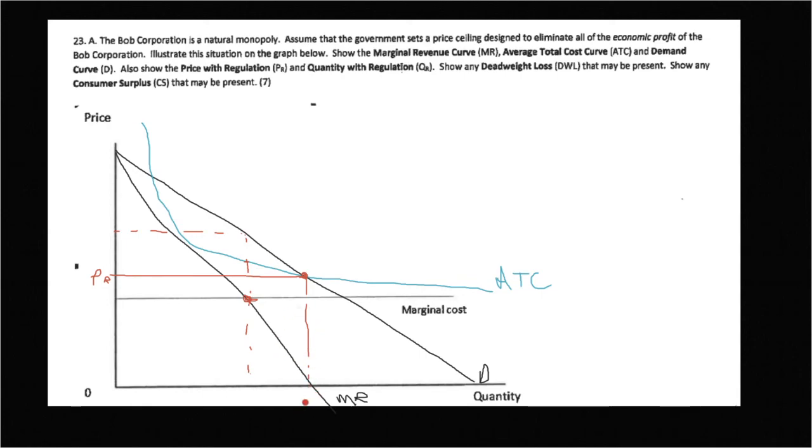That is just by chance. That is not a giveaway, because I could have drawn this demand curve in a different way if I wanted to. It's just where the price hits the average total cost curve. So this is the quantity with regulation.